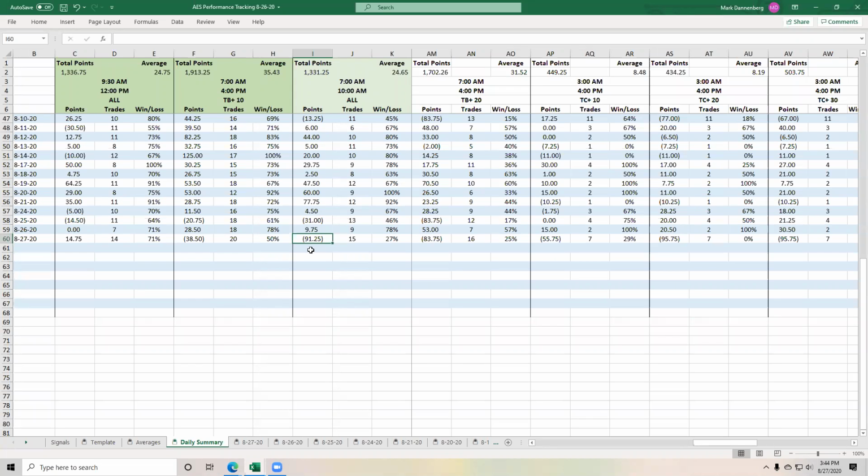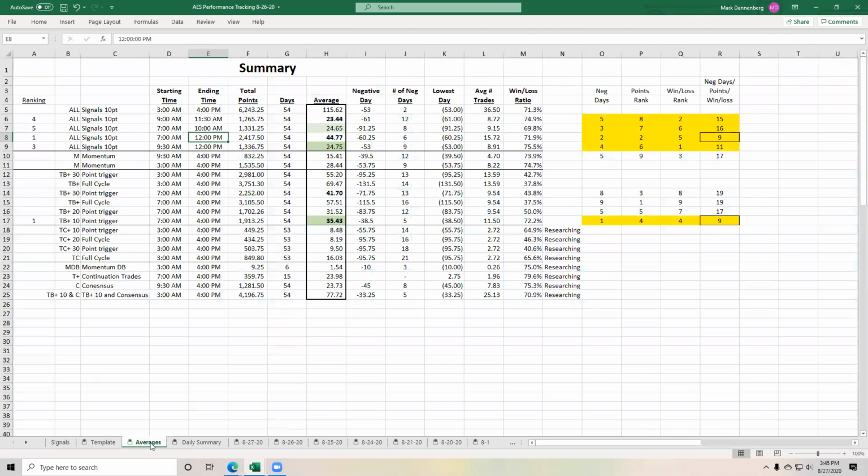Now, a lot of traders wouldn't continue trading past that, and I don't blame you. But you have to take a step back and realize there's a lot of chaos during that time period. So we stepped away from a good portion of that. We didn't take those trades, but in tracking all of that, it showed that we were down 91.25 points.